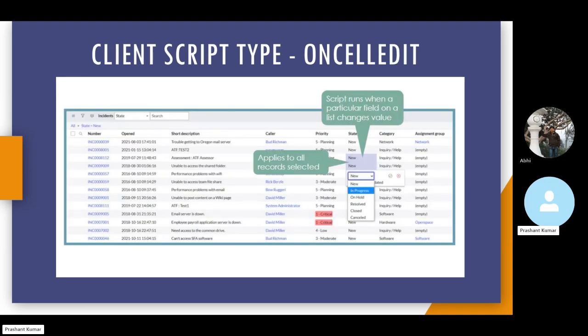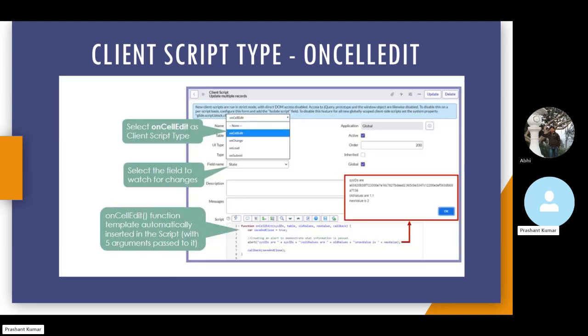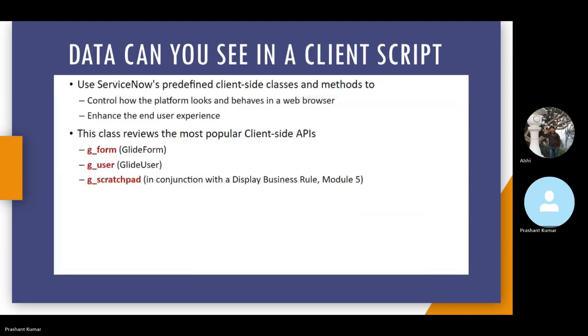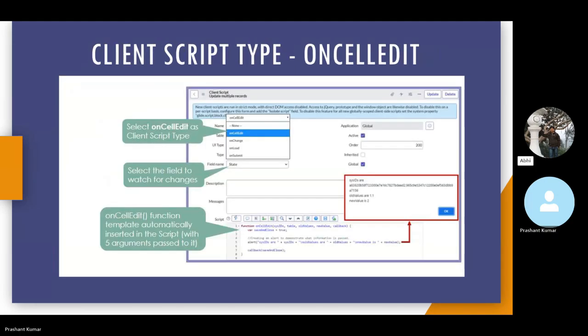There is another type of client script which is rarely used, and nowadays ServiceNow has removed this also. I think it is already scrapped, so we don't have to worry about it. onCellEdit has been removed by ServiceNow.